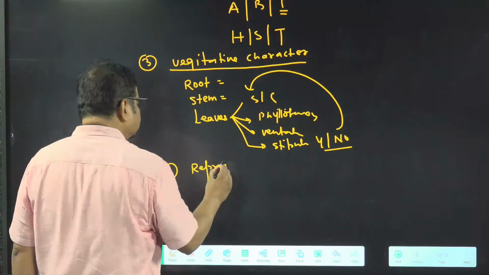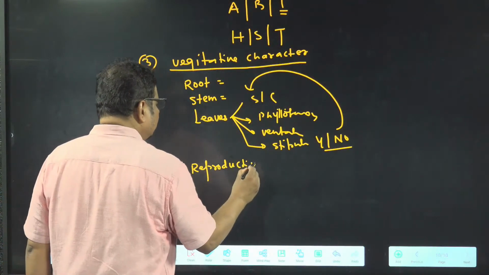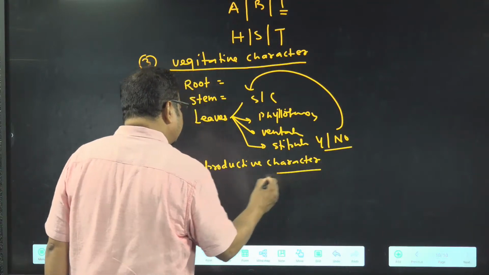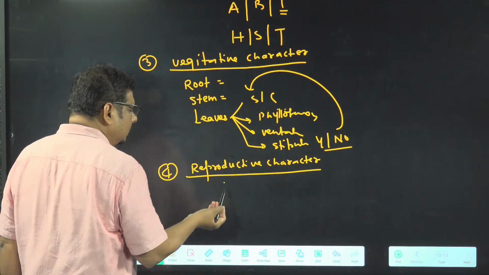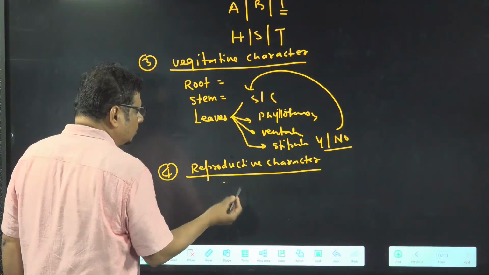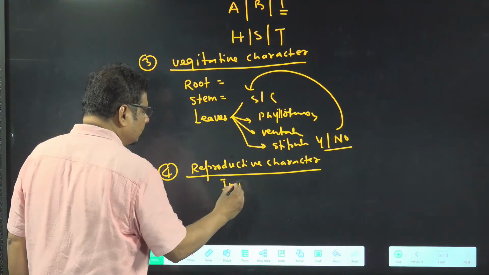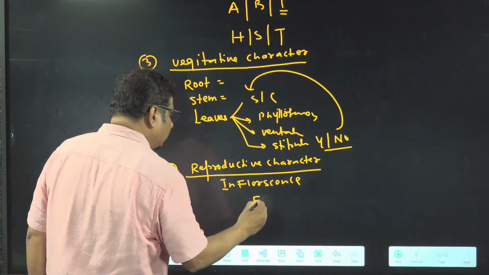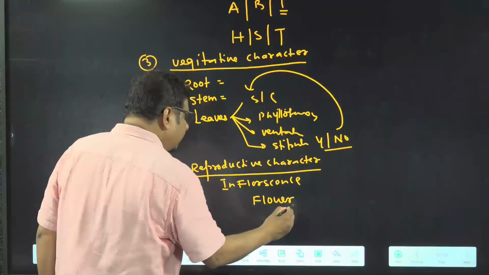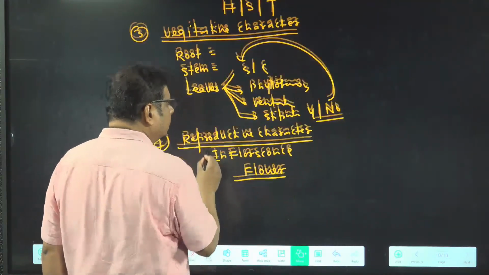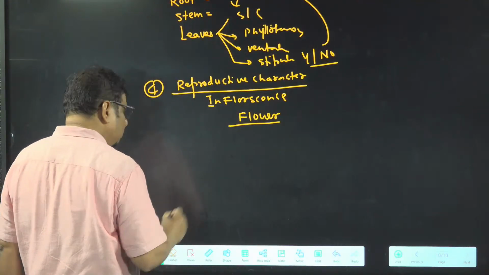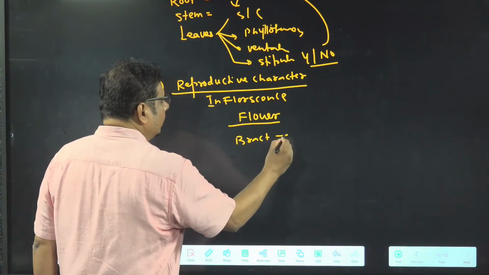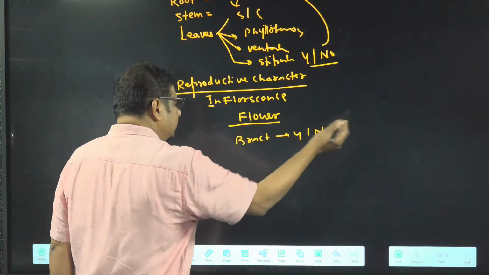Now we will go for the reproductive character. In reproductive character, you have to say about inflorescence, and you have to say about the flower, with a very detailed description of the flower. In the flower, you have to say about the bract, present or absent.